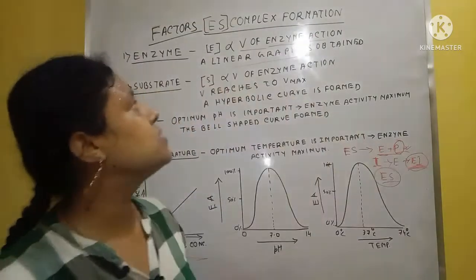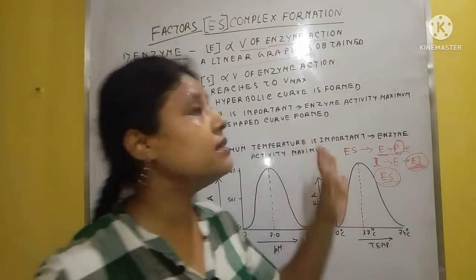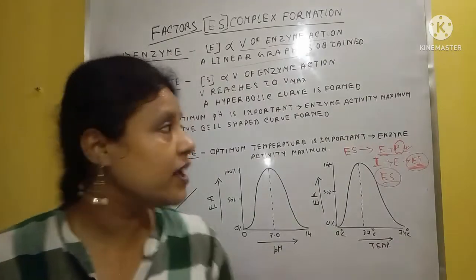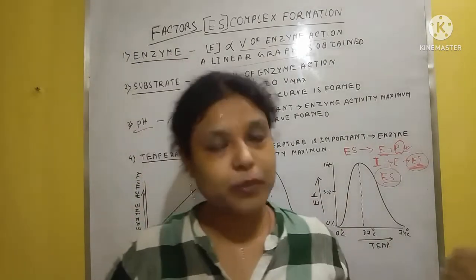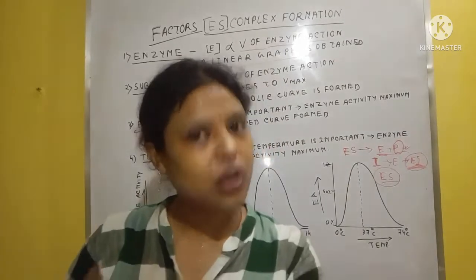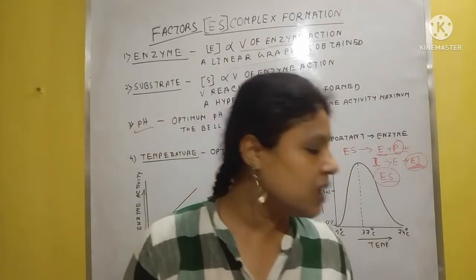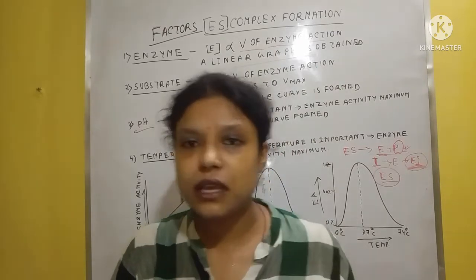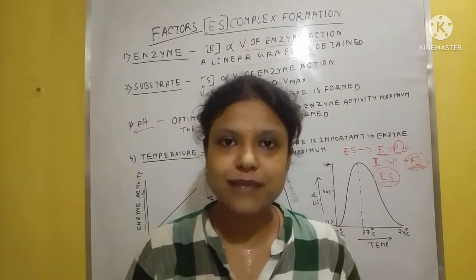These are the factors we learned: how the ES complex can be formed, and all the factors responsible for the formation of the ES complex. Clear? I think you can understand it clearly.